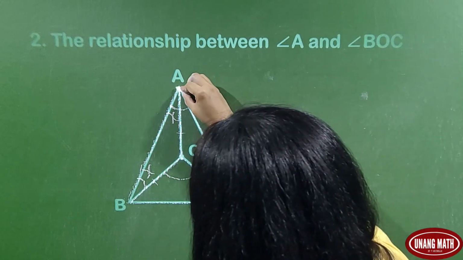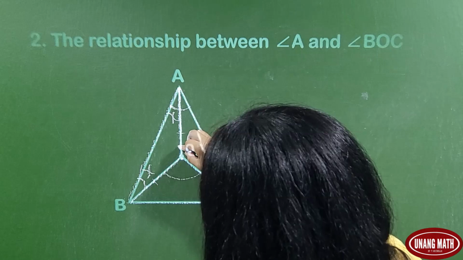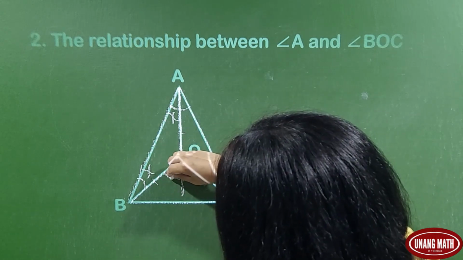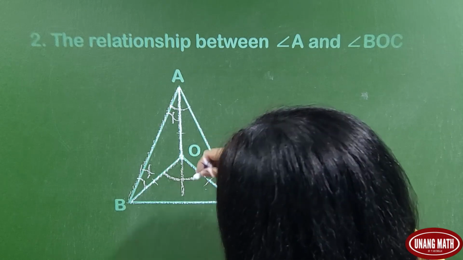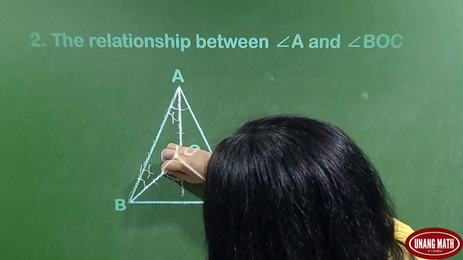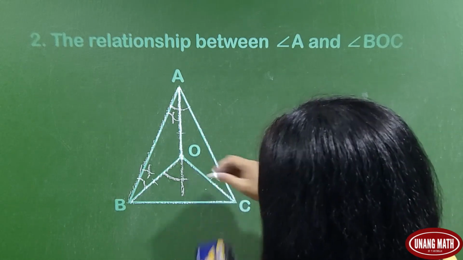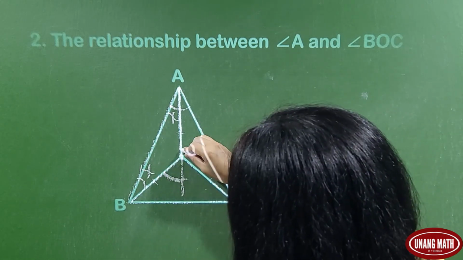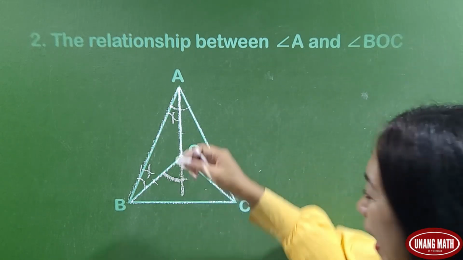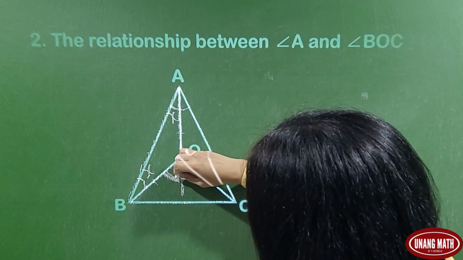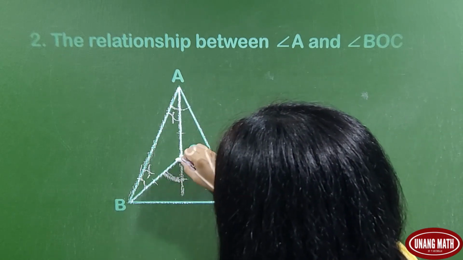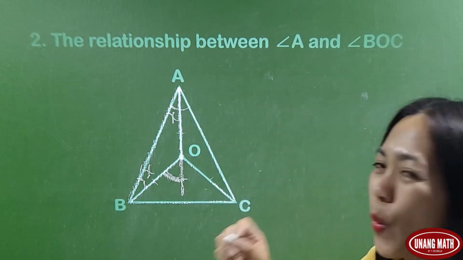If we extend this line up to here, we have this angle and this angle. I want you to take a look at this angle first. We extended this line, so we have this angle. Actually, this angle is the exterior angle of triangle BOA.